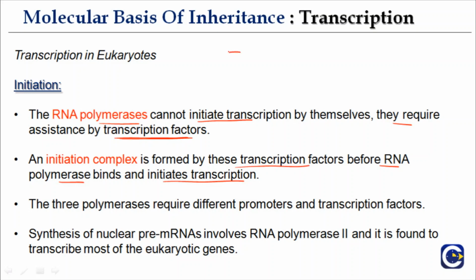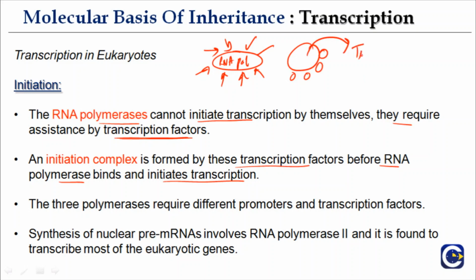Okay, so for example, this is the RNA polymerase that we have. There are multiple transcription factors that will bind in a specific way. They will all bind together and form another kind of structure. And then this entire structure will cause the process of transcription in case of eukaryotes. It is much more complex, as you require many more transcription factors.